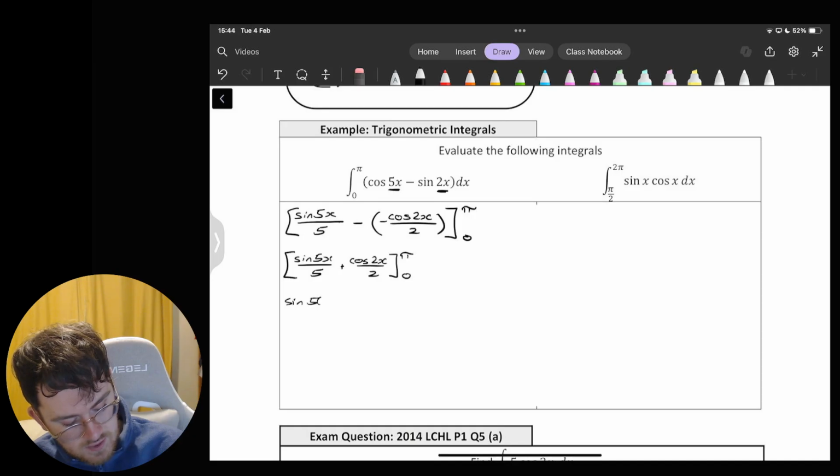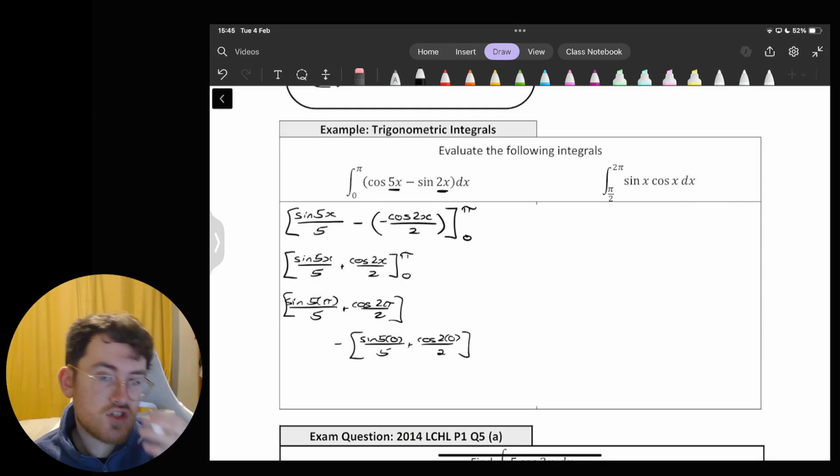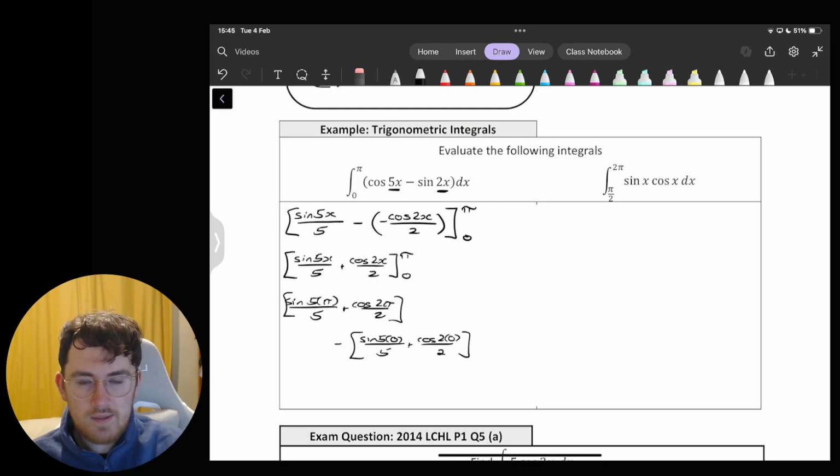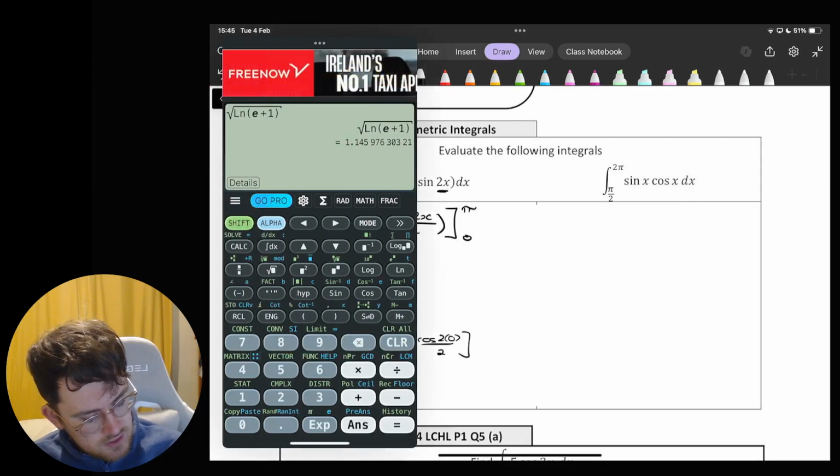So sine of 5 pi over 5 plus cos of 2 pi over 2. And remember what we said previously, think about what we know about trig functions. We can't just disregard a value of 0 in a trig function here, because when the function's evaluated at 0, there could well be a value here, particularly looking at cos, for example. So sine of 5 pi, well, let's try it out.